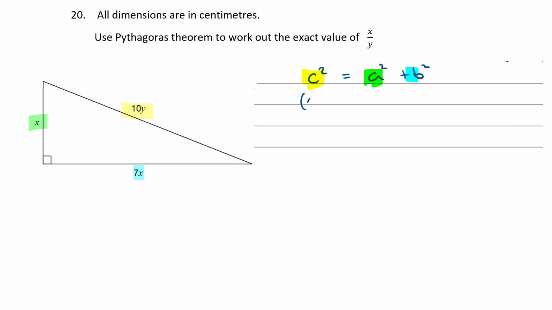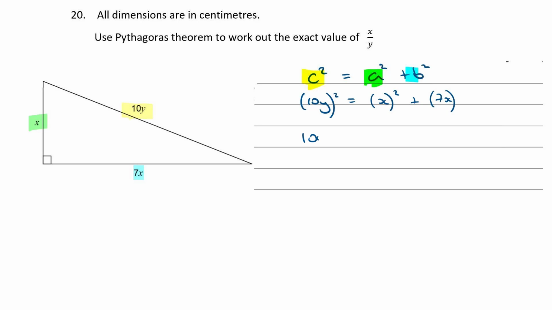So 10y squared is equal to x squared plus 7x squared. Okay, so then just removing the brackets, 10y all squared, well that's 100y, x squared is just x squared, and 7x all squared is 49x squared.